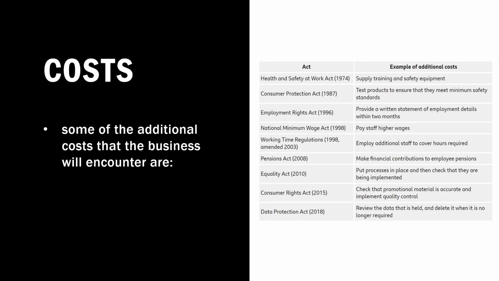Pensions Act, they have to make financial contributions to employee pensions. Equality Act, they have to put processes in place and check that they are being implemented. Consumer Rights Act, check that the promotional material is accurate and that they implement quality control. And Data Protection Act, review the data that is held and delete it when it is no longer required.